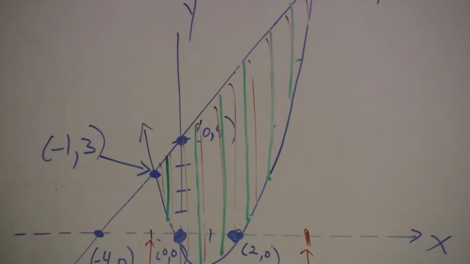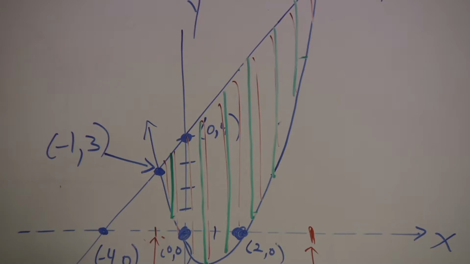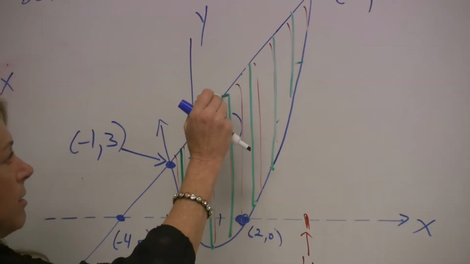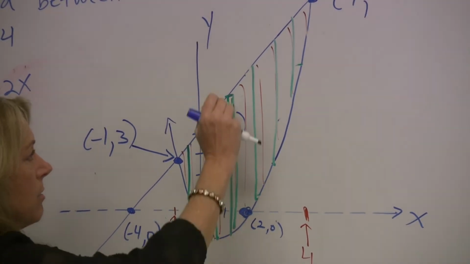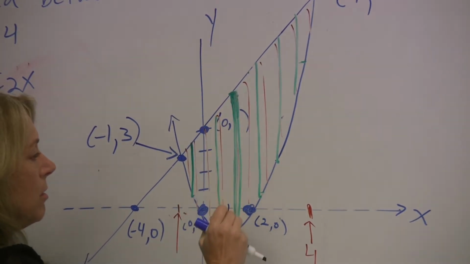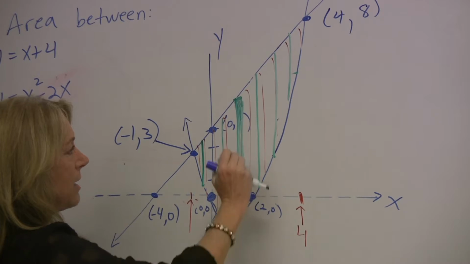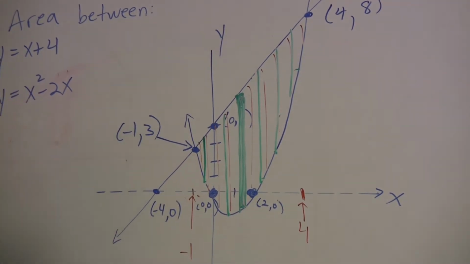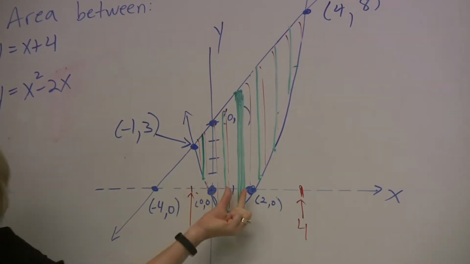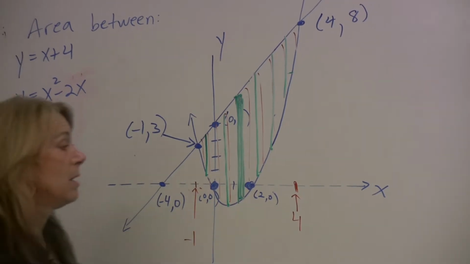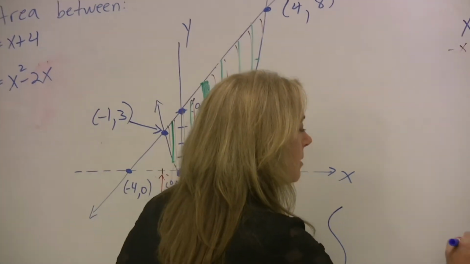So that tells me I want to do it vertically, which means my representative rectangle, which I'll put in the middle here, is going to be vertical. So is this a dx or a dy situation? Dx again, right? That's a small change on the x-axis. So I know that I need dx.